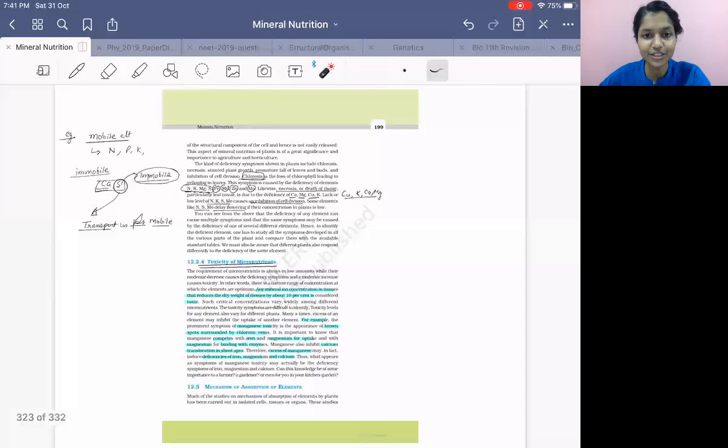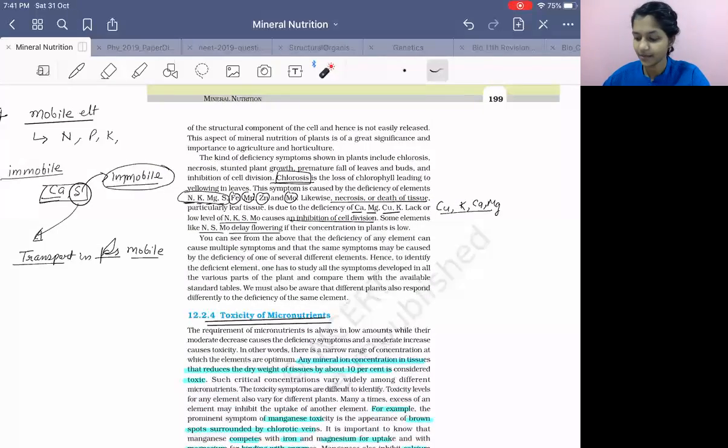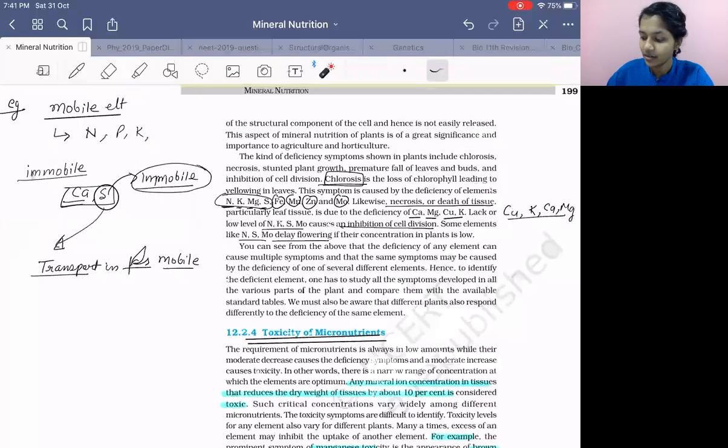Okay. So these are the elements. If they become deficient in the plant, they can show different symptoms. Then, if you remember the mobile element and immobile element concept, I have taught you already. Mobile elements, for example nitrogen, phosphorus, potassium, are mobile. The symptoms you first get in the older part, because that element will get moved to the younger part of the plant.